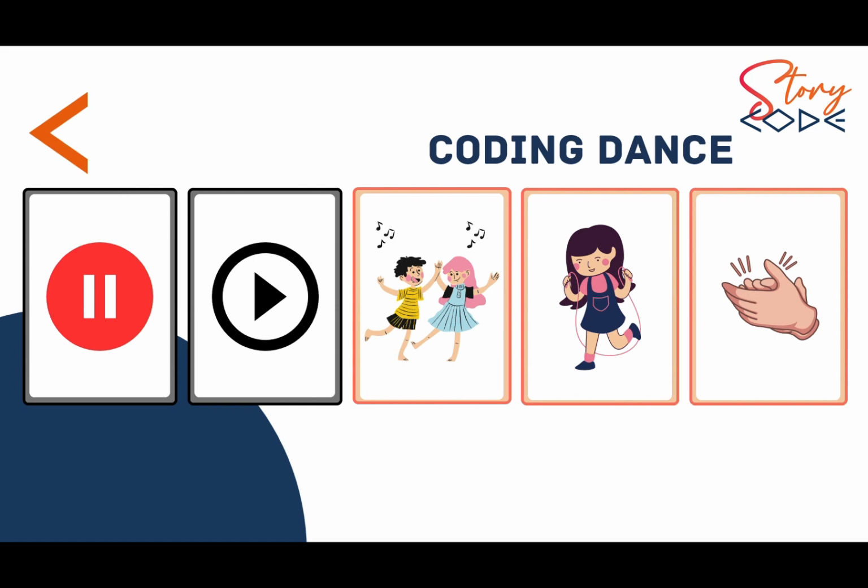Then the programming game starts. The educator shows the play card together with a command card. So clap your hands, jump, dance, or everything you want to create. At this point, the children have to make the gesture indicated by the card until the stop card is shown.